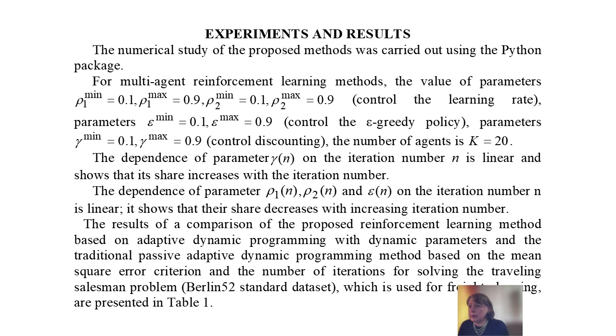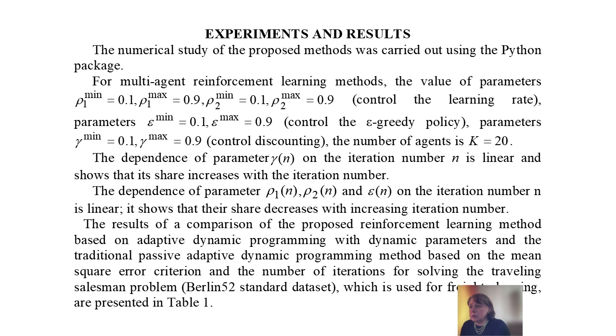The dependence of parameters ρ1, ρ2 and epsilon on the iteration number n is linear. It shows that their values decrease with increasing iteration number.